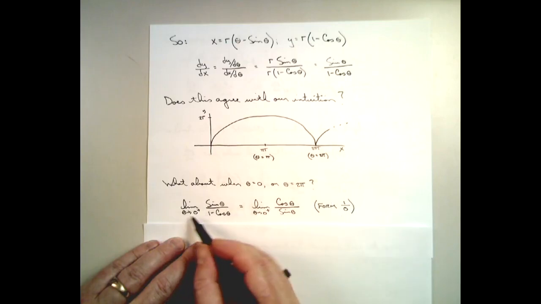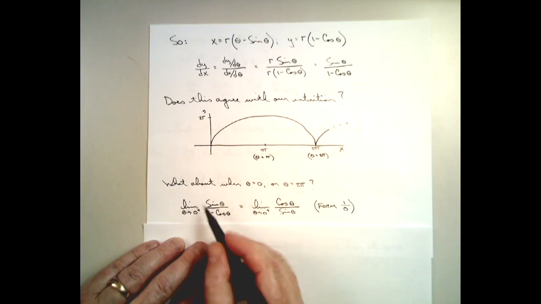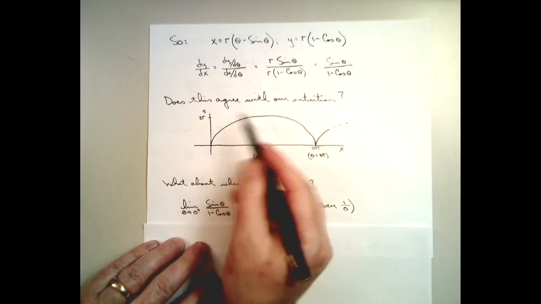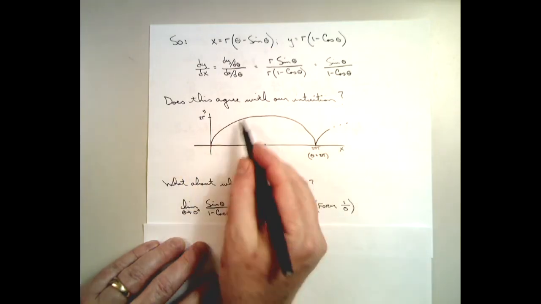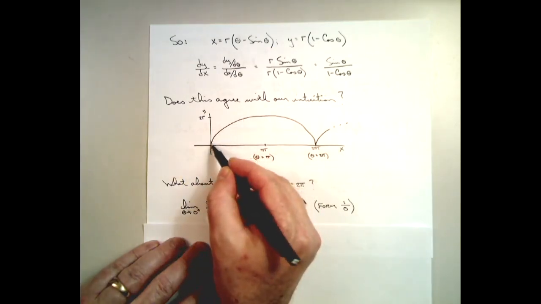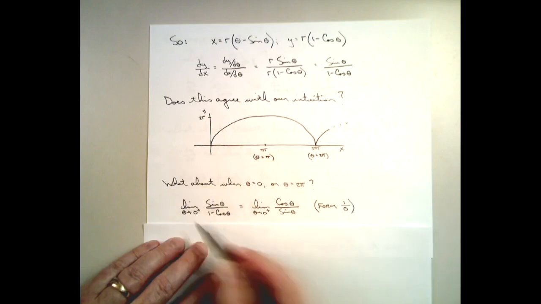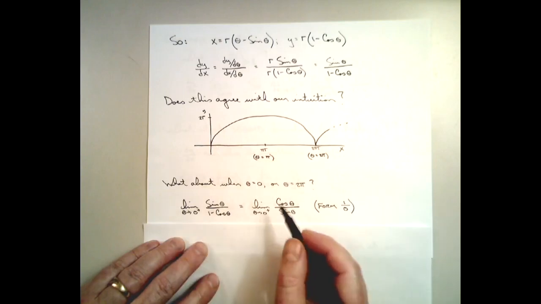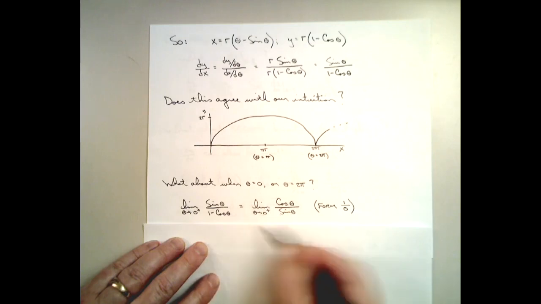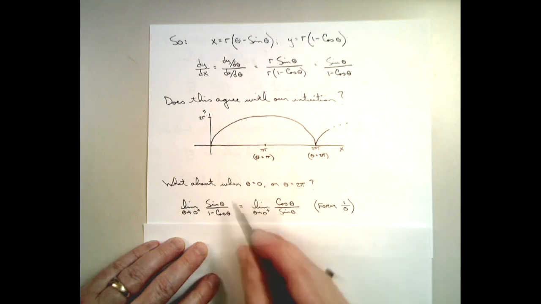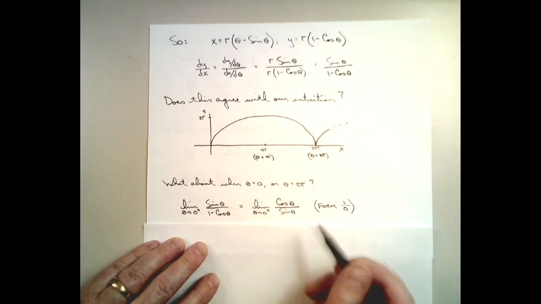We're going to do it from the right-hand side because I'm imagining working in this period of the cycloid right now. So I'm imagining coming at it from this direction. So theta approaches 0 from the right. Bernoulli tells us that this limit is equal to the limit of the function I get whenever I take the derivative of the numerator and the derivative of the denominator.